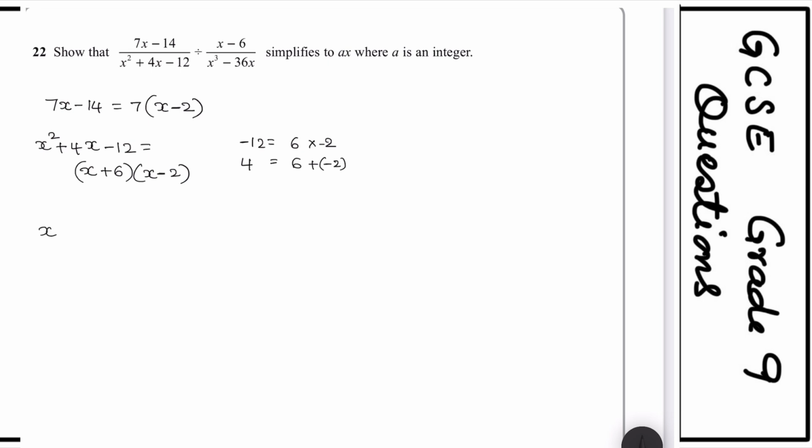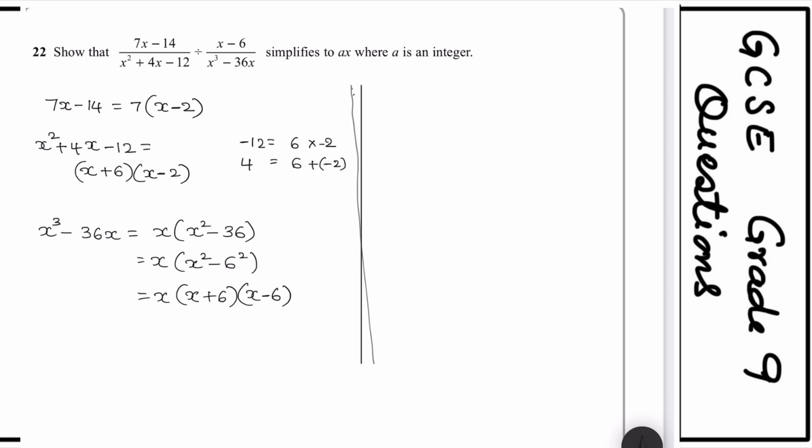And we can't do anything with x minus 6, leave that one for now and take the other denominator x cubed minus 36x. x is the common factor in both terms, so if you take that out we get x square minus 36, which is x square minus 6 square, a difference of two squares, so the factors will be x plus 6 and x minus 6.